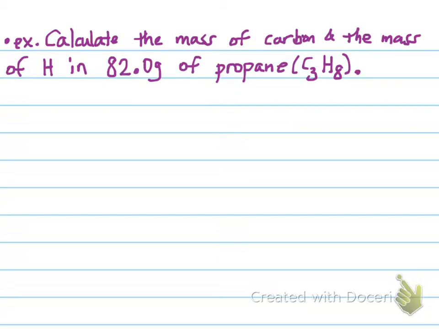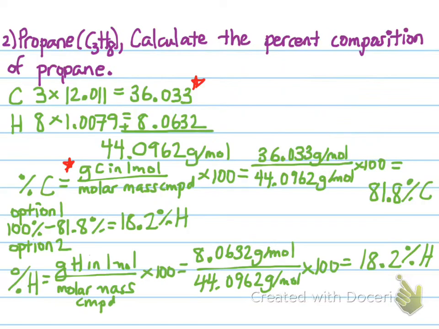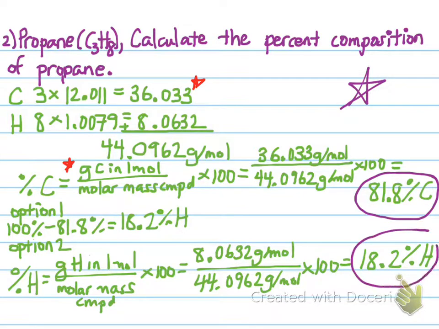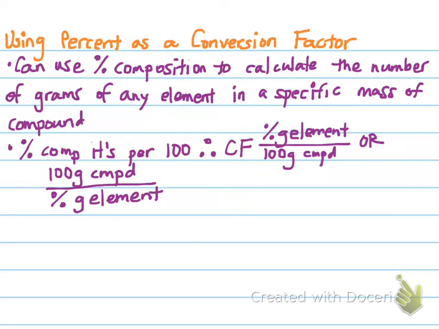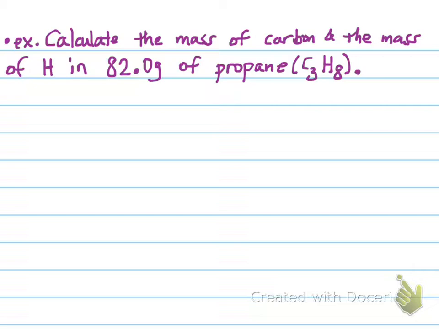Now, we already did some of this problem here, right? If we had not done this already, then we would have to do this work. But we've already done it, so we know our percent of carbon and our percent of hydrogen. They're right here. So we know that we have 81.8% carbon and 18.2% hydrogen from the problem that we've already done.